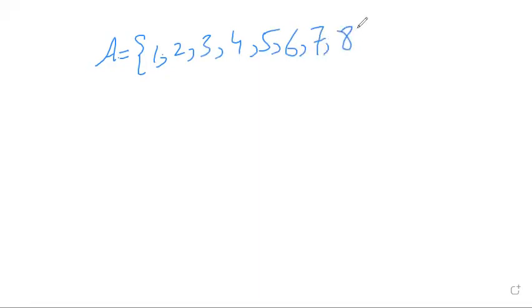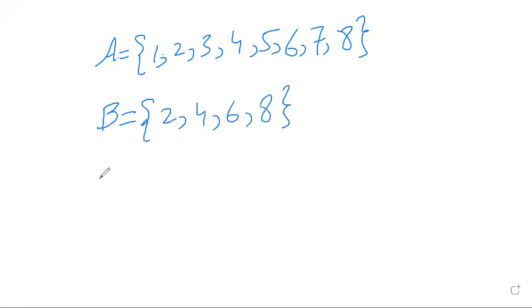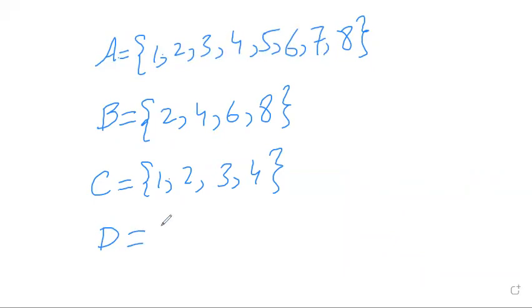Okay, this is set A. Set B is 2, 4, 6, 8. Set C is 1, 2, 3, 4. Set D is 1, 3, 5, 7.